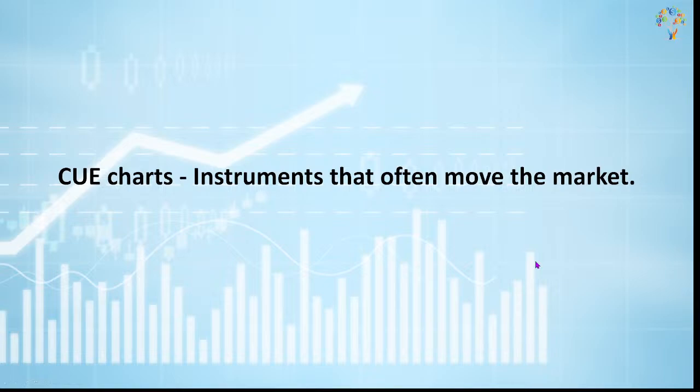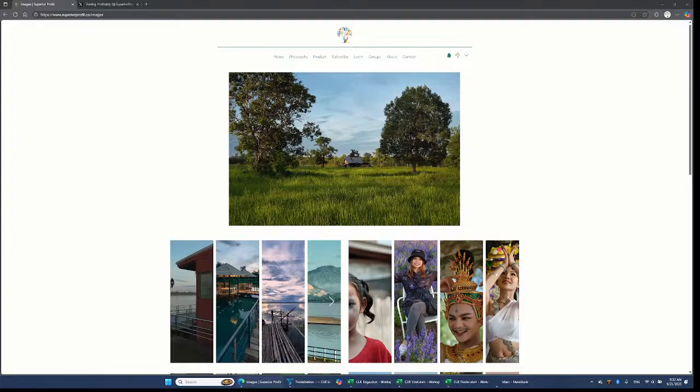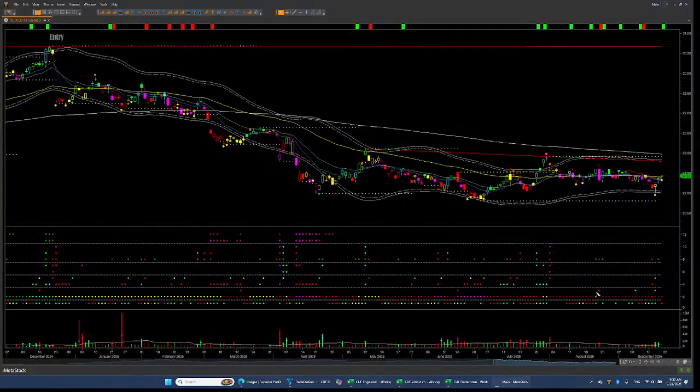Let's start with charts of instruments that often move the market. Dollar Index ETF UUP. Last week we had a trend line support and I was of the view that the support would probably hold.